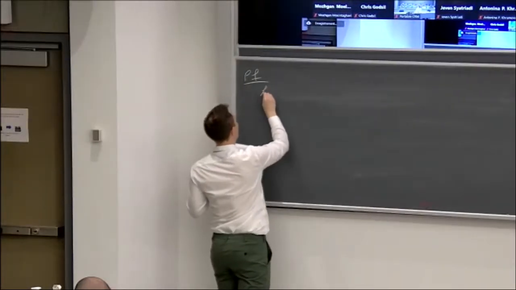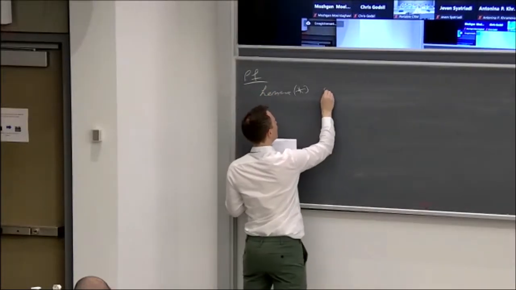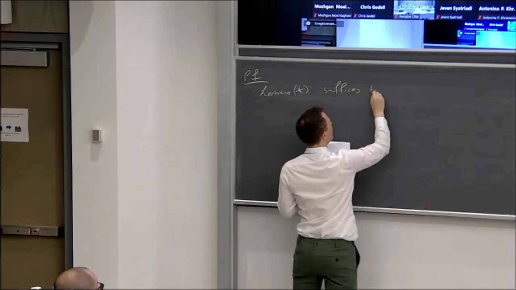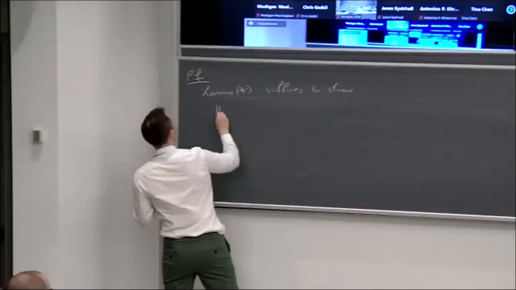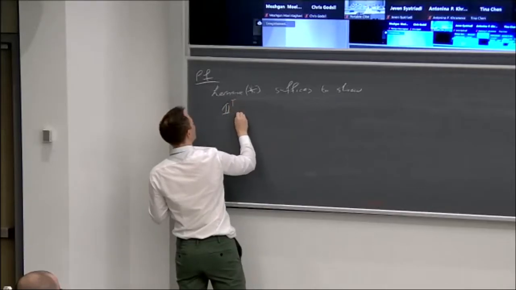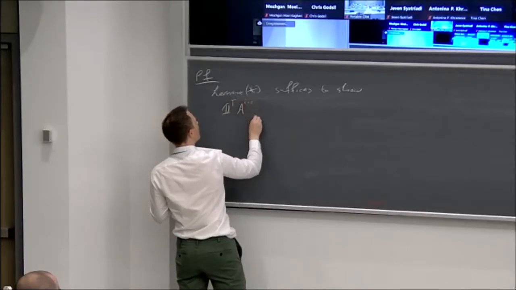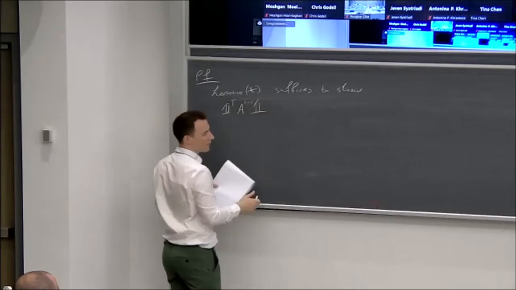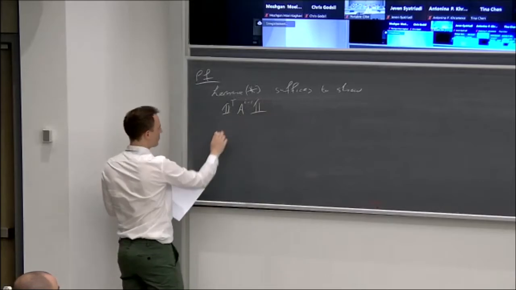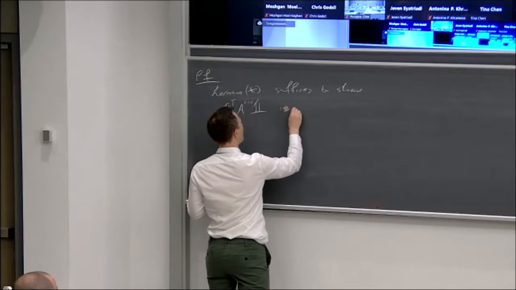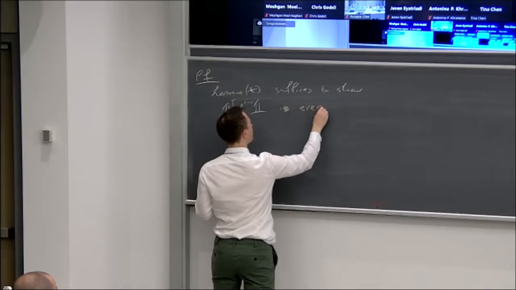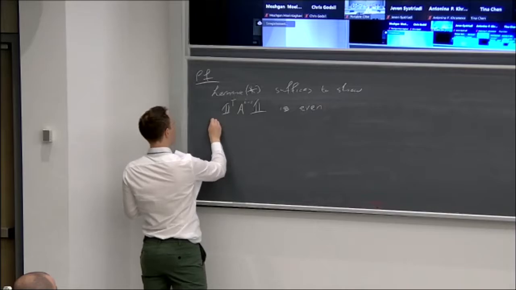By lemma star, it suffices to show that the all ones vector transpose times a to the i minus 1 times the all ones vector, so just summing all the entries of this matrix, is even.